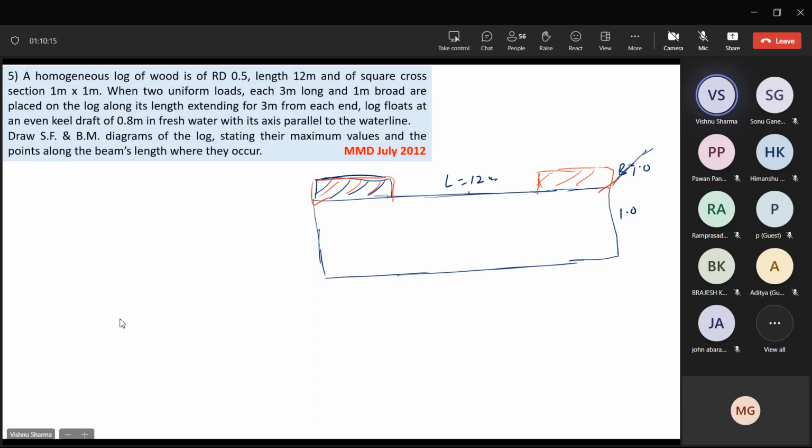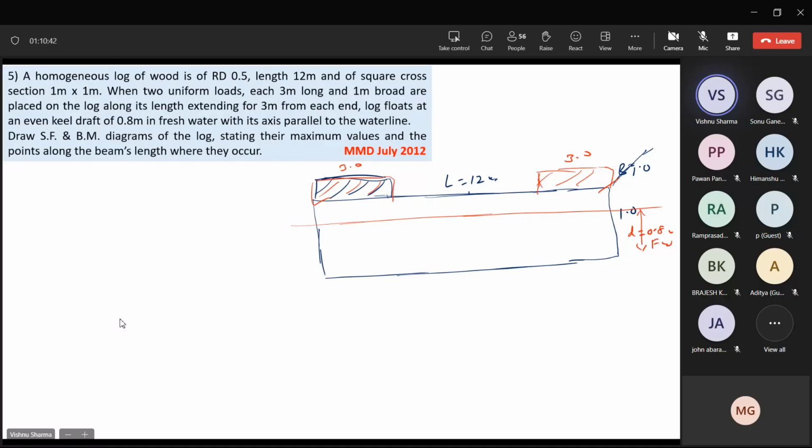Breadth does not make a difference, and they are placed on the log along its length, extending to 3 meters at each end. The log floats at even keel draft with these weights at 0.8 meters. So with all these, the log is floating at a draft of 0.8 meters in fresh water.